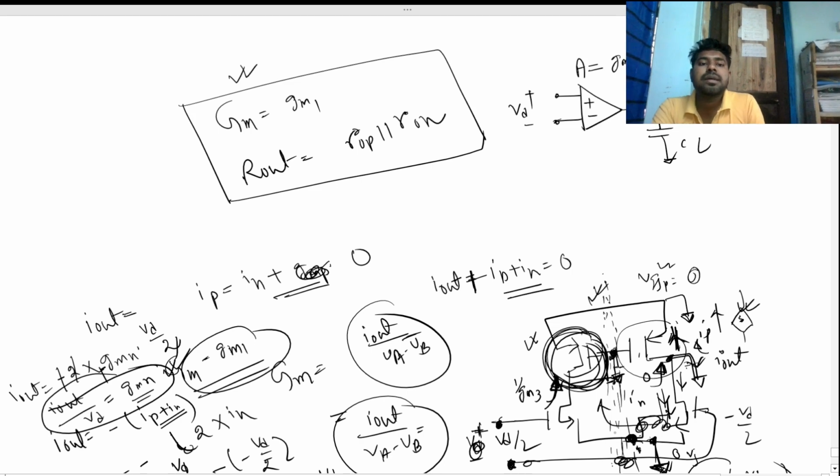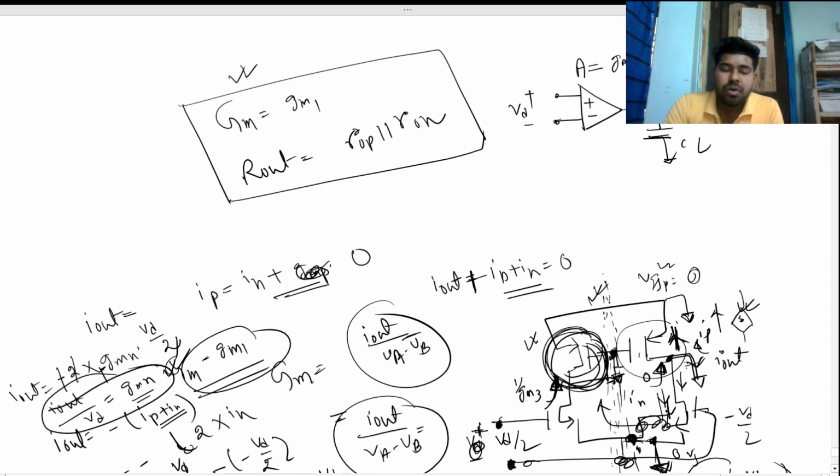Now what is the Bode plot of this circuit? For a Bode plot we need poles and zeros. Do you think there is any zero? No, right? Because there is no frequency dependent path from input to output. So there is no zero in this circuit, and you can find whether a zero is present or not.